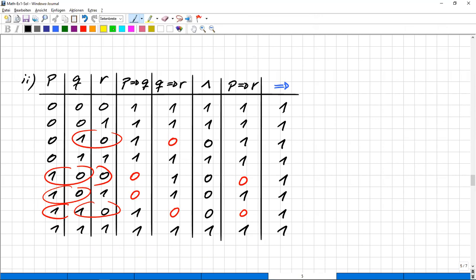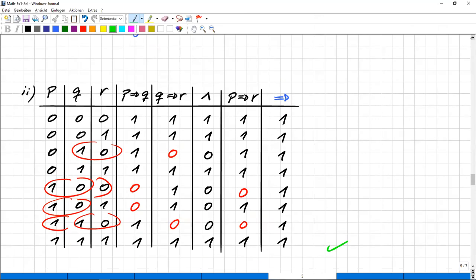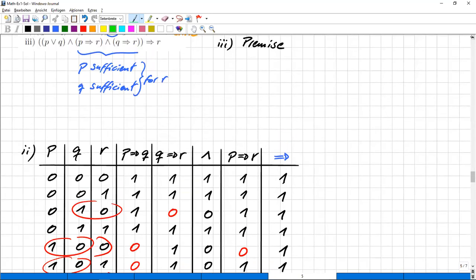So in the end, this was the proof because the whole column is true. In any case, this holds. It means it's a general rule of chained implications called the law of transition, sorry, I wanted to say transitivity.